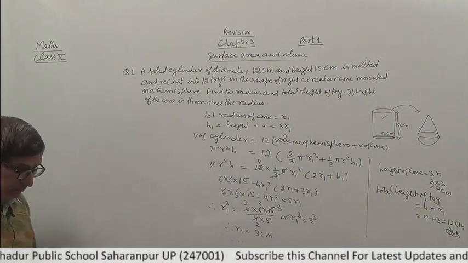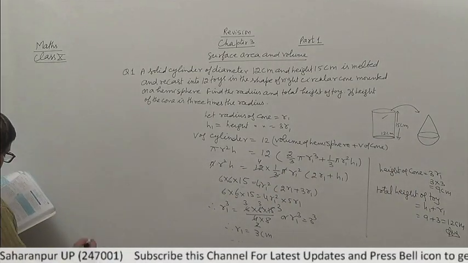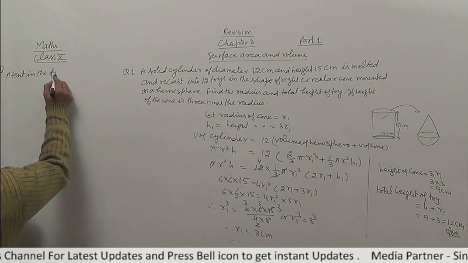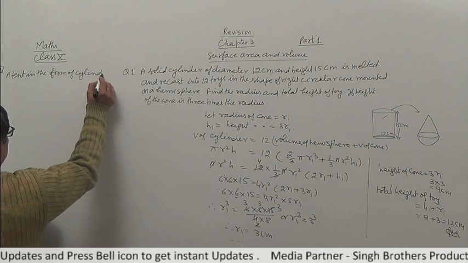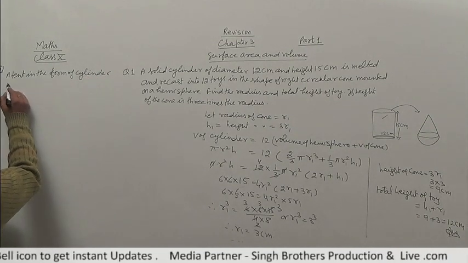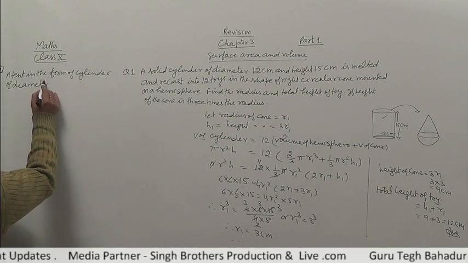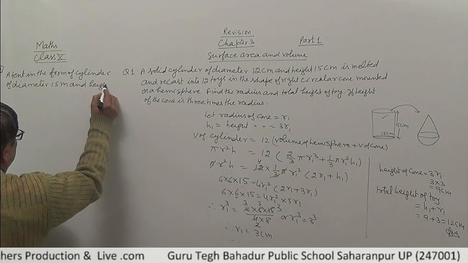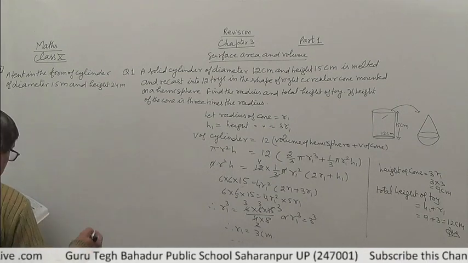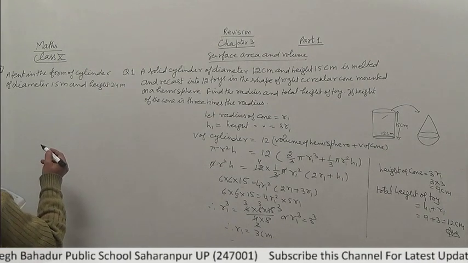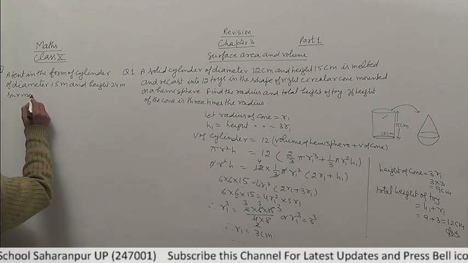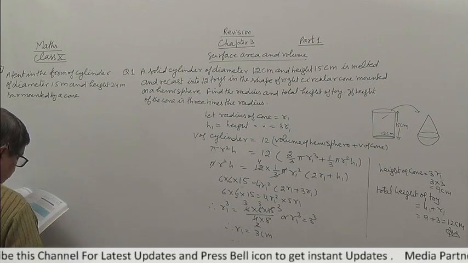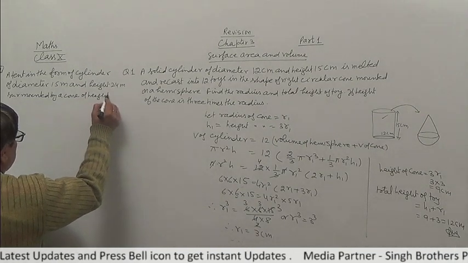See the second question. A tent in the form of a cylinder of diameter 15 meter and height 2.4 meter, surmounted by a cone of height 4 meter.